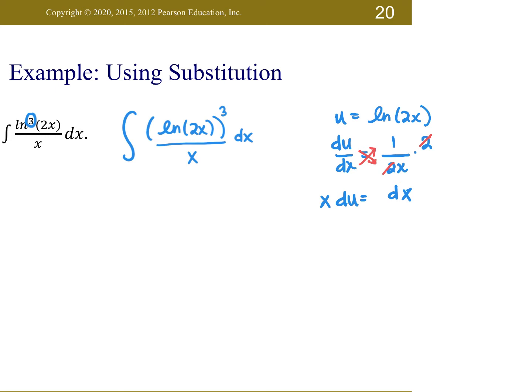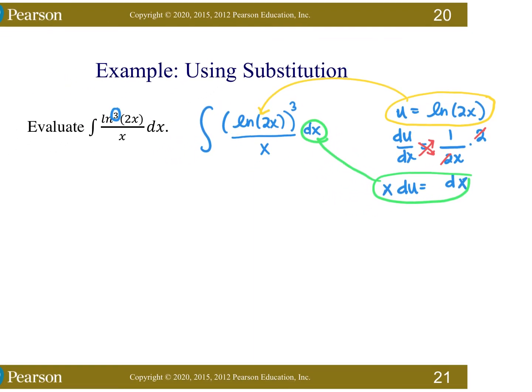So now we substitute the first and the last. What we started with at the beginning, that's going to go in the parentheses, and what we ended up with at the end, that's going to go in for dx. So let's see what we have. I make an equal sign, and into the parentheses goes u.